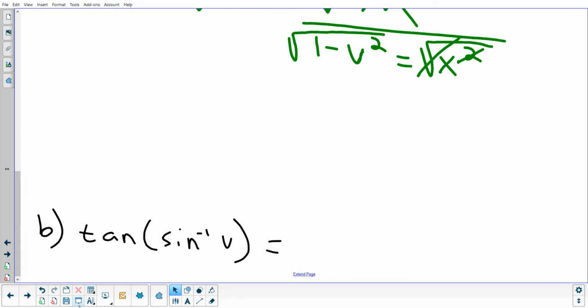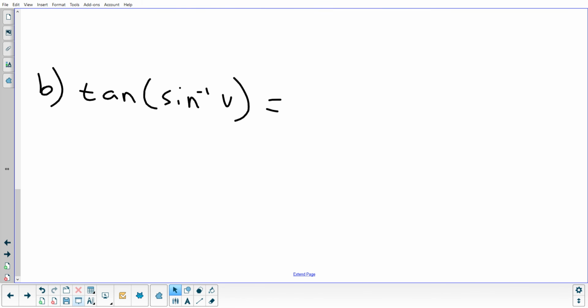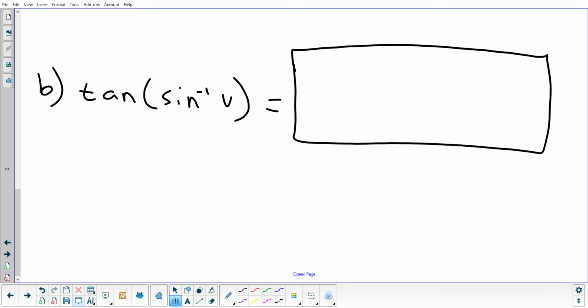All right, let's try this one. The tangent of the inverse sine of v. Can anyone tell me what my first step would be? I'll give you a hint. You can ignore tangent till the very end. You don't need that right now. Multiply both sides by sine?